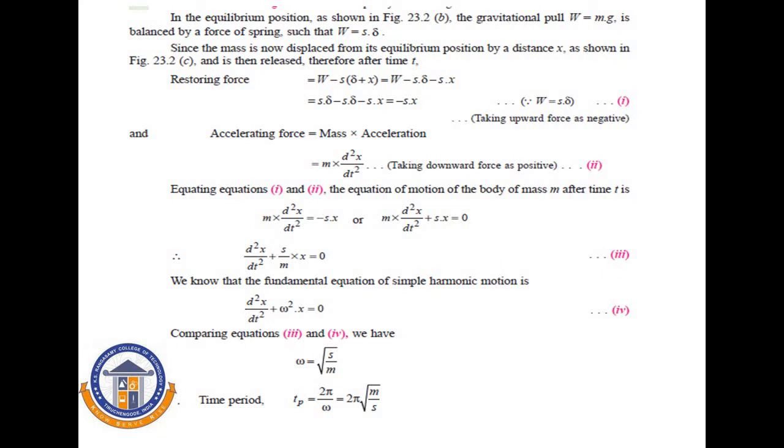Now, in the equilibrium position, as shown in figure B, the gravitational pull W equal to m g is balanced by the spring force, so W equal to s into delta.